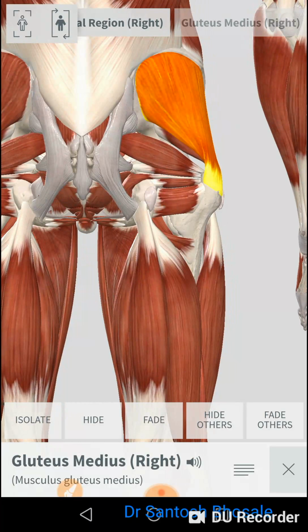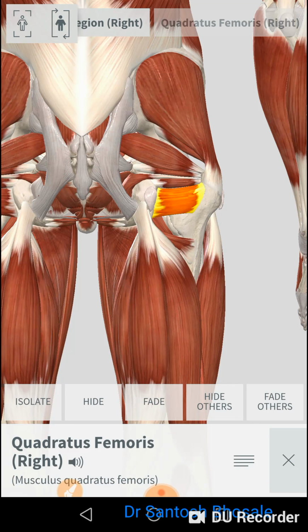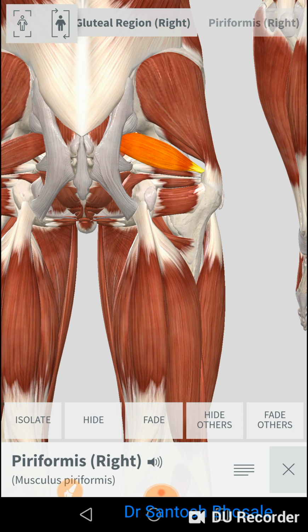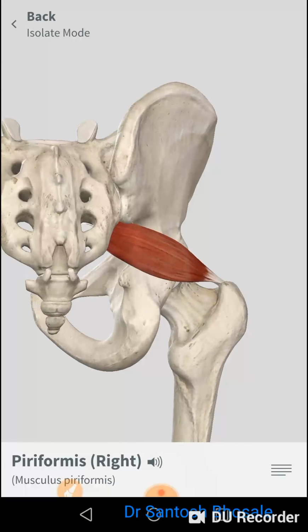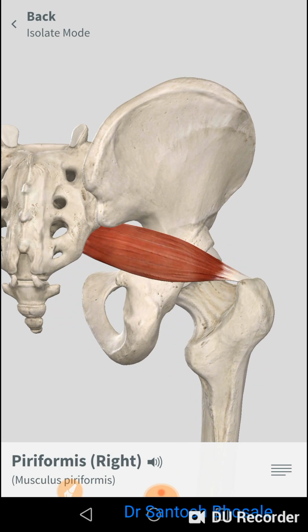Coming to the posterior side, to the quadrate tubercle there is insertion of quadratus femoris along the intertrochanteric crest, and the piriform fossa to the apex of the greater trochanter. You can see here piriformis inserting into the apex of the greater trochanter.